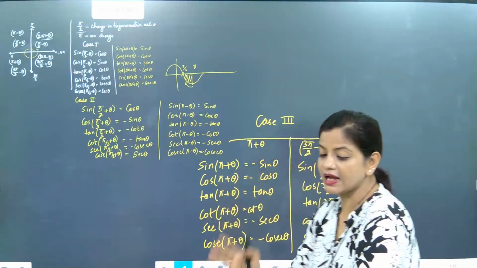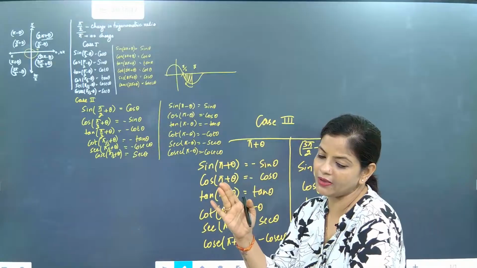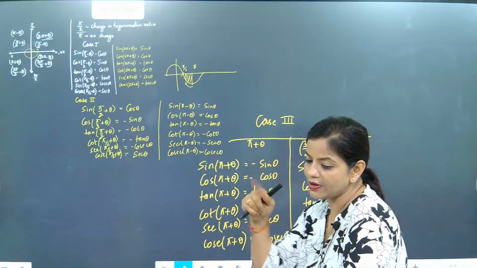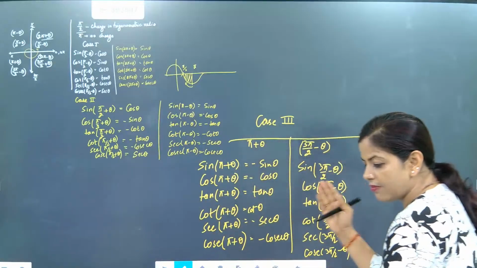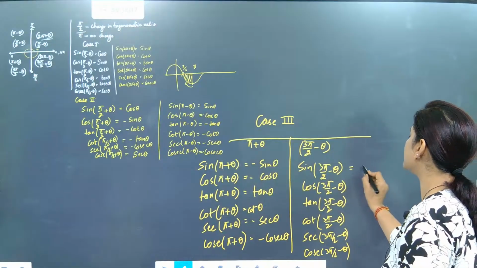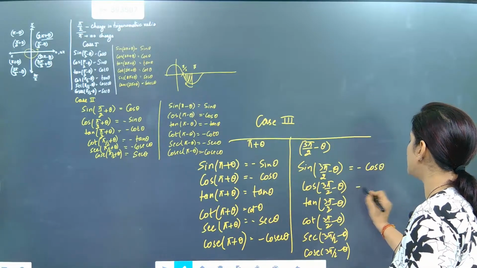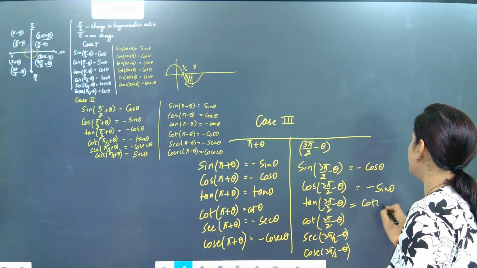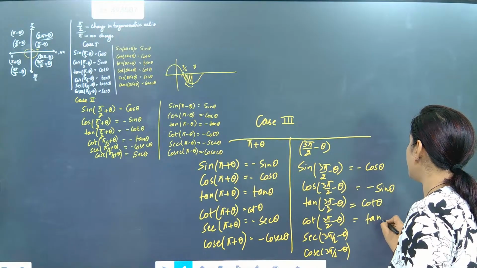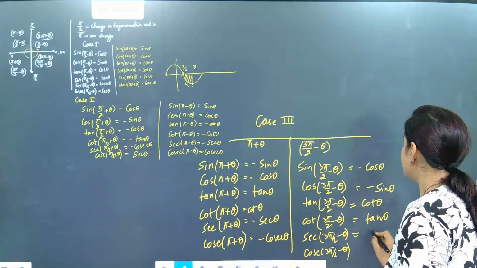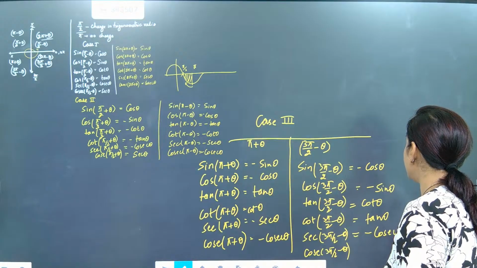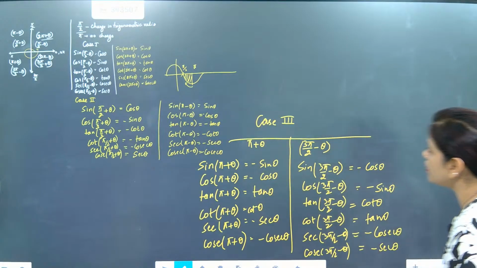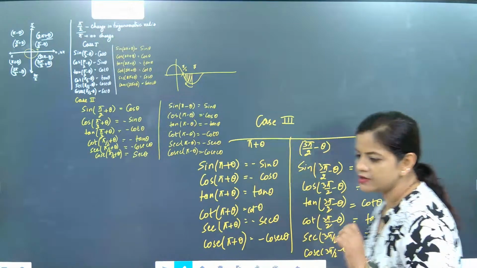Since it is going left of 3 pi by 2, we take minus. Sine will get converted into minus cos theta, cos will get converted into minus sine theta, tan will get converted into cot theta, cot will get converted into tan theta, secant will become minus cosecant theta, and cosecant will become minus secant theta. This story is about the first, second and third quadrant.